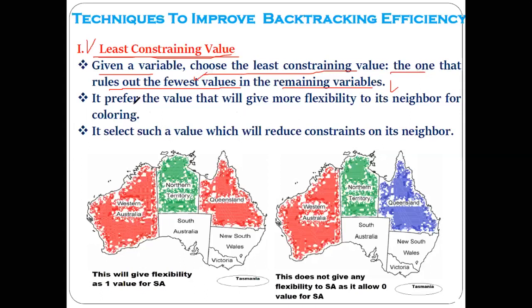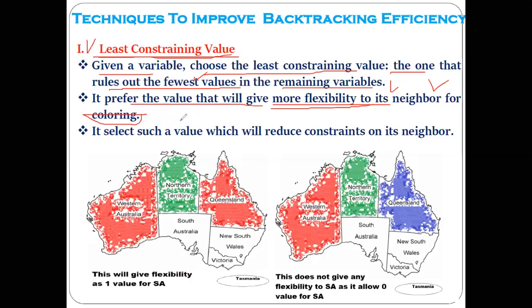Means we need to prefer the value, because of the choice of which there will be more flexibility provided to the neighbors. Flexibility to those particular neighbors related with the coloring. Okay.